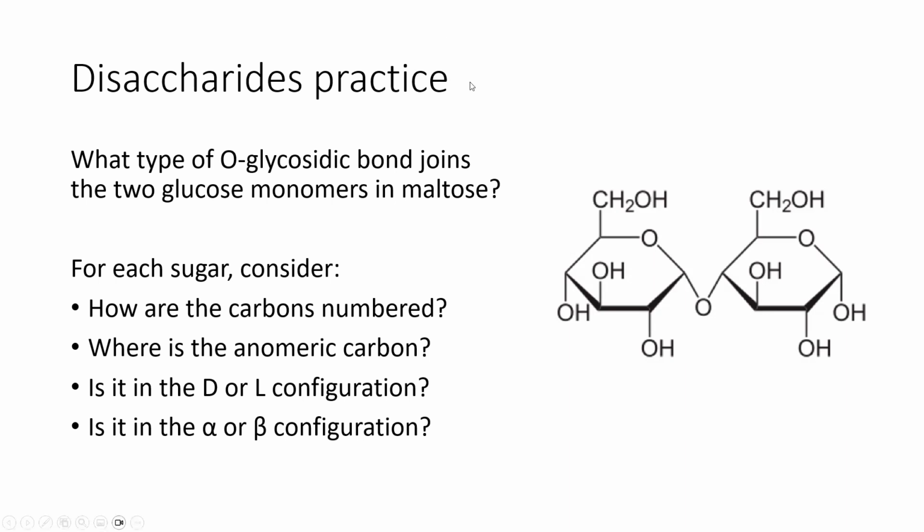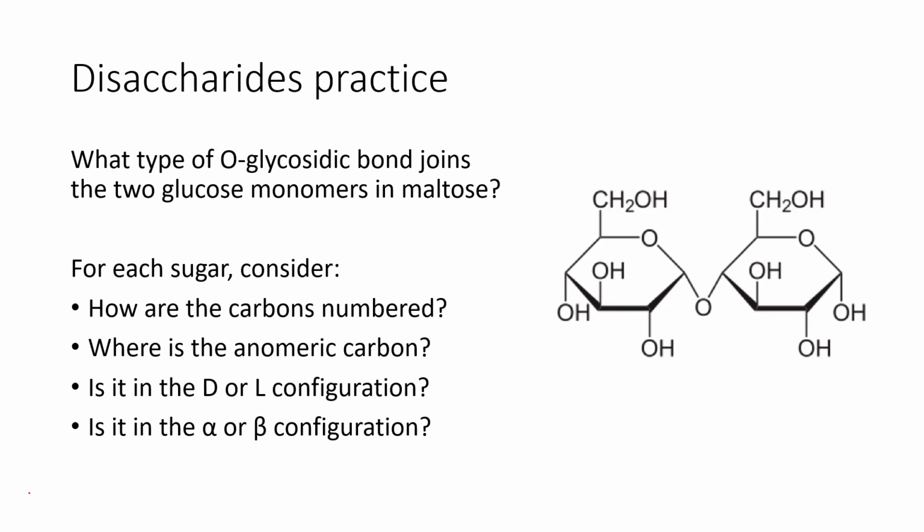All right, so let's start thinking about these questions now. First of all, what type of glycosidic bond do we see for these two glucose monomers? Alpha 1,4.